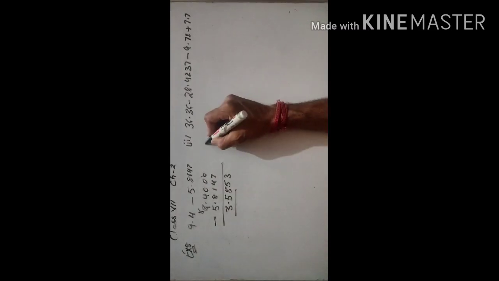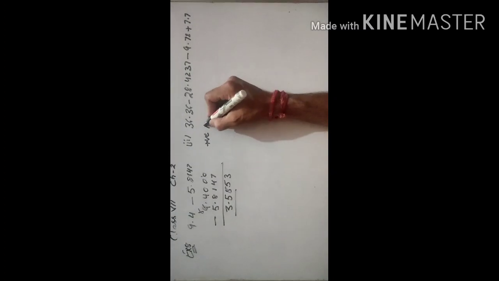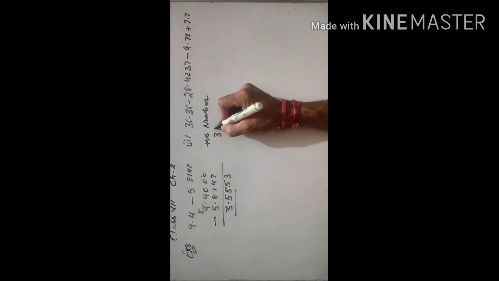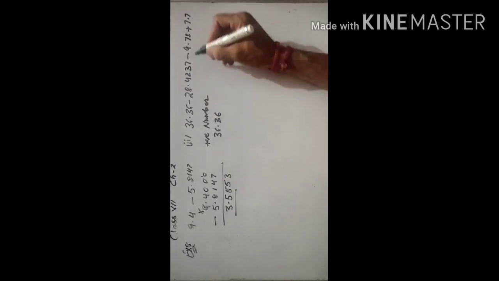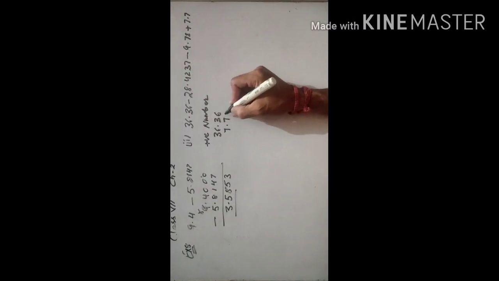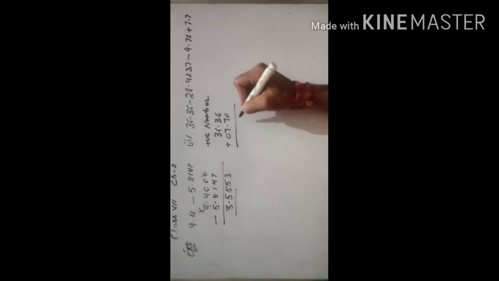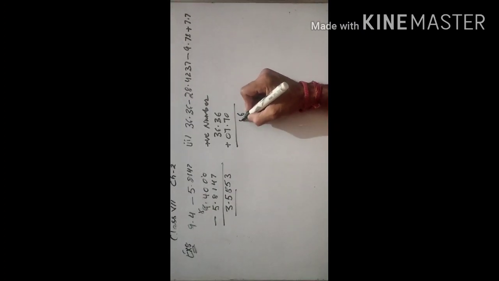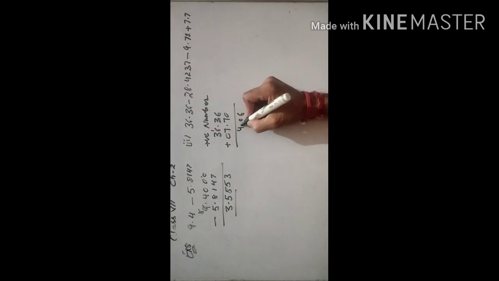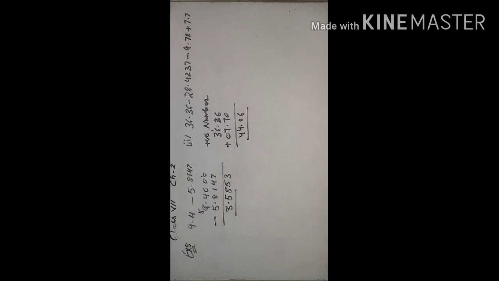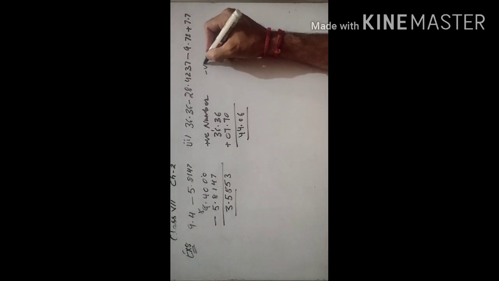Now first the positive numbers, add them. 36.36 and 7.7, make them like terms by putting zeros. Now add these positive terms. 6, 0, 1, 14, so 44.06.